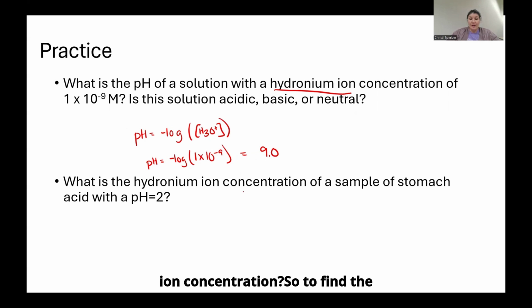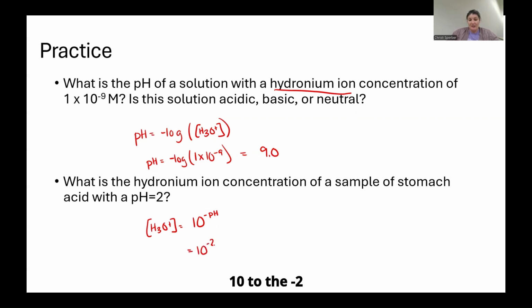What is the hydronium ion concentration? So to find the hydronium ion concentration, it is 10 to the power of the negative pH. So this is 10 to the negative 2 power, which is 1 times 10 to the minus 2 molar.